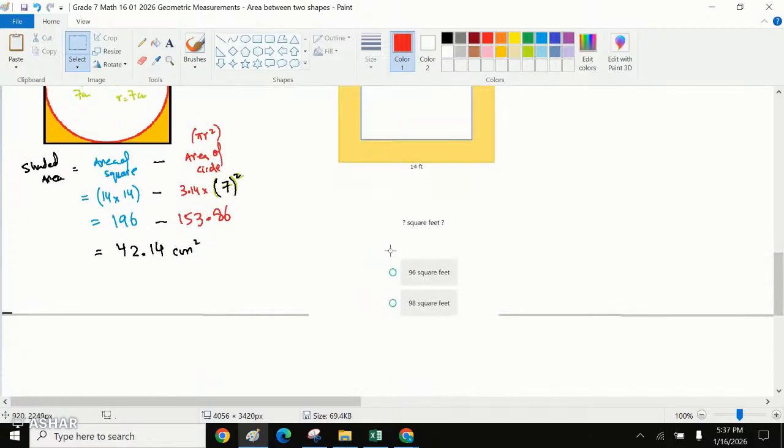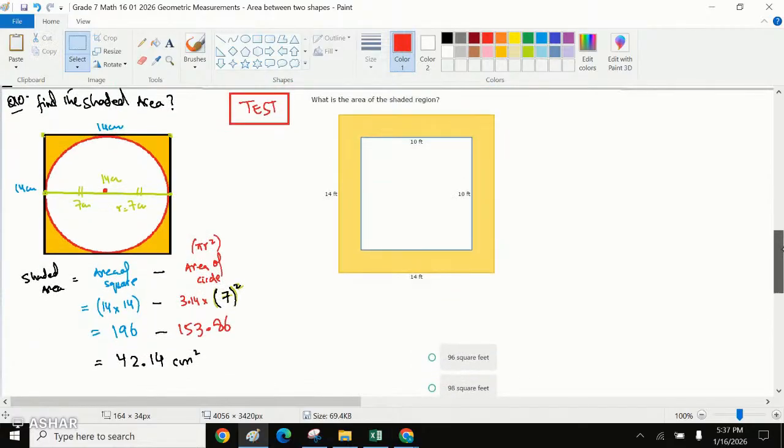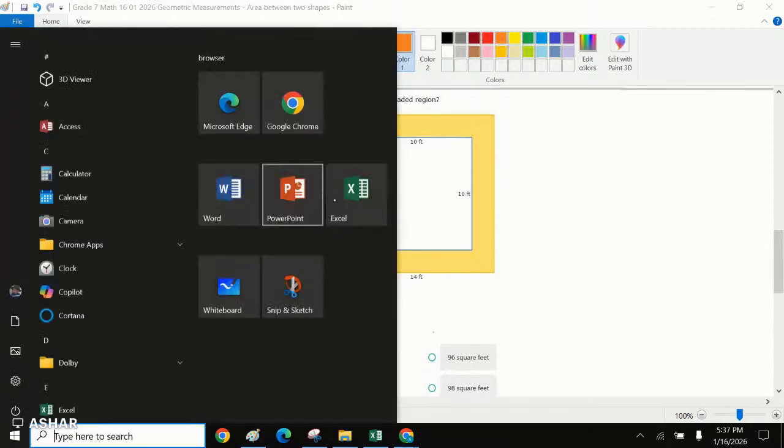And these values were given for the answer. Okay, let's see. For question number 1, we need to find the area of the shaded region, right? I'll help you out a little with this.